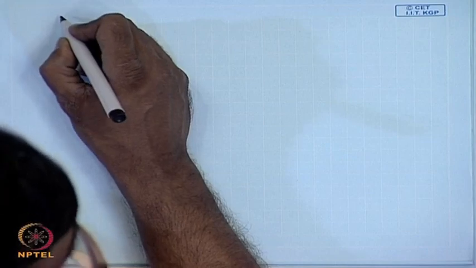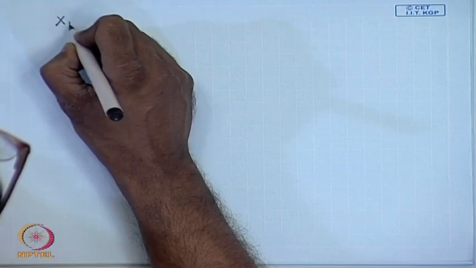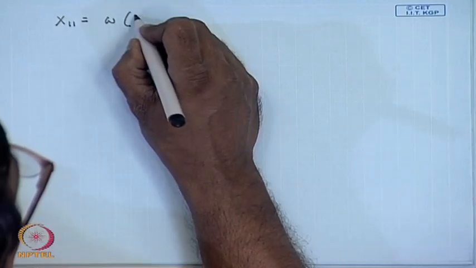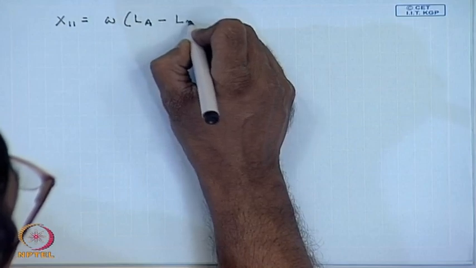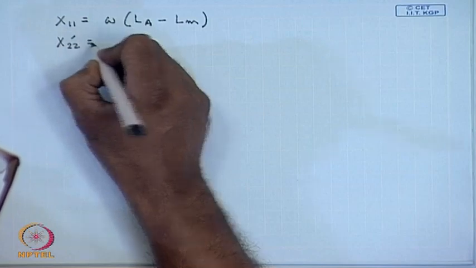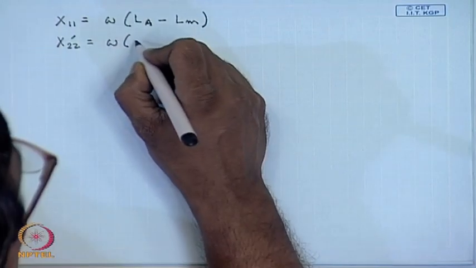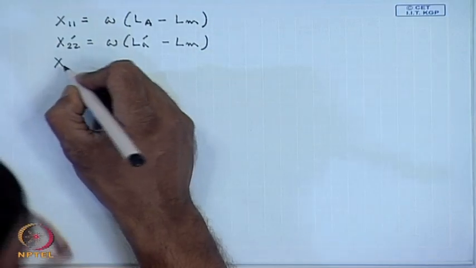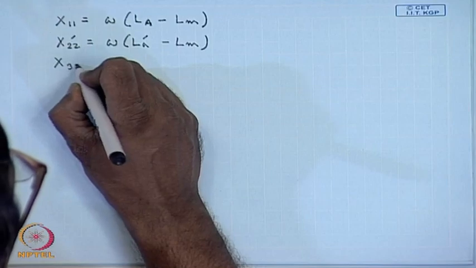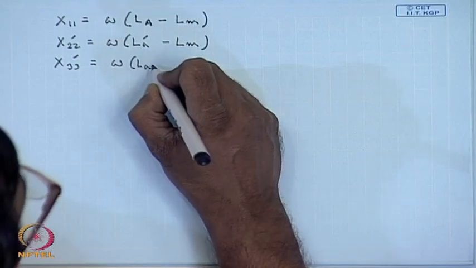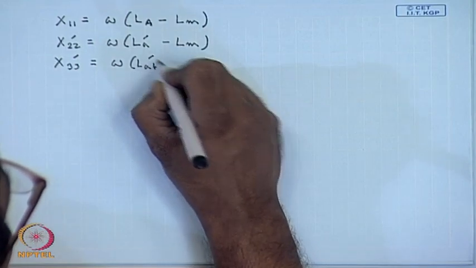Let us also define x 11 to be equal to omega into L A minus L m, x 22 dash equal to omega into L A dash minus L m, x 33 dash equal to omega into L A T dash minus L m.